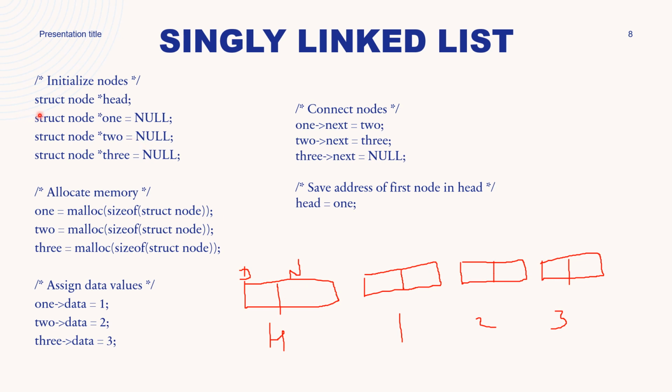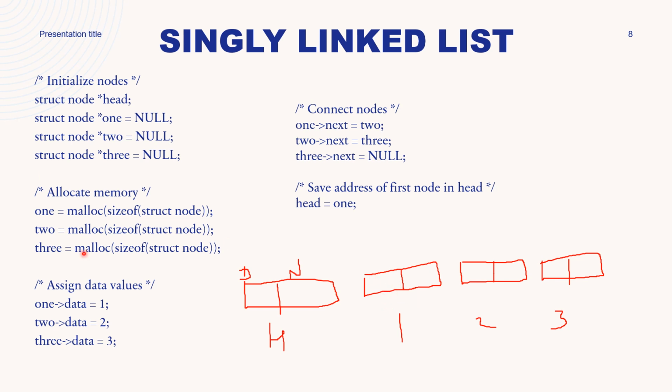Now this first line, struct node *head, creates a node with the name head, also having the data and next fields. And struct node *one, *two, *three are creating the next three nodes named one, two, three, all having a data field and a next field.